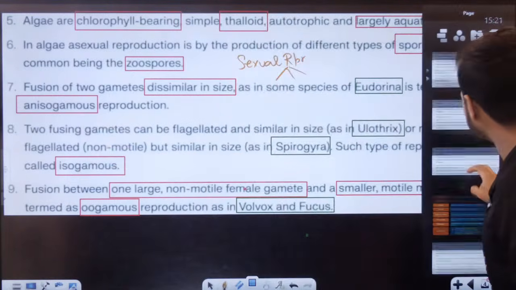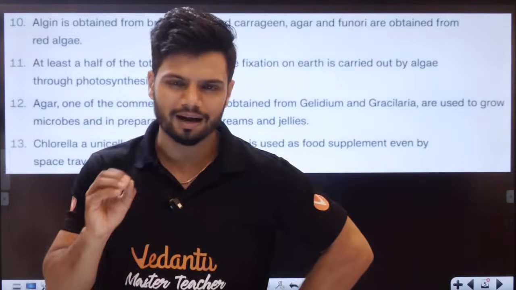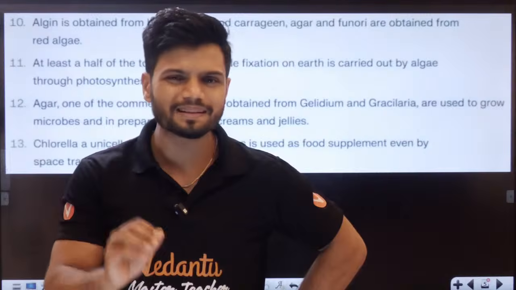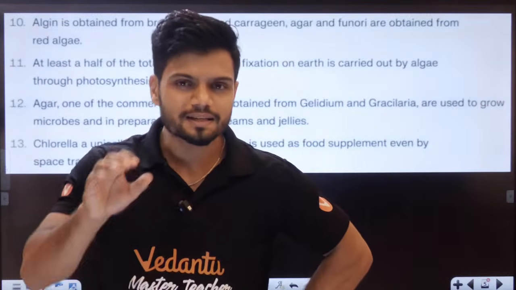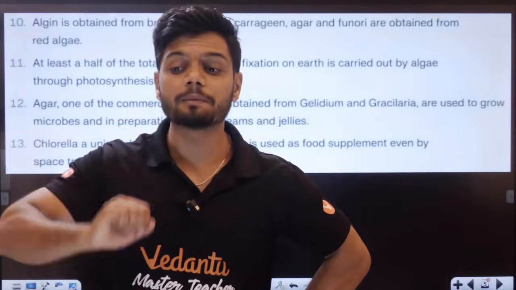So remember this much, and questions will be easily made from here. Now students, in algae all of you need to understand that in our syllabus there are three types of algae. This classification of algae is mainly based on the pigment present inside.